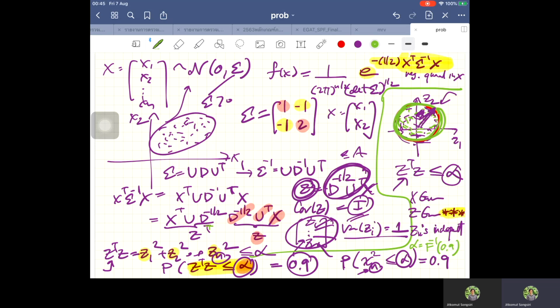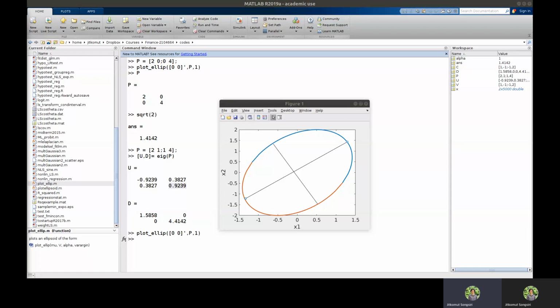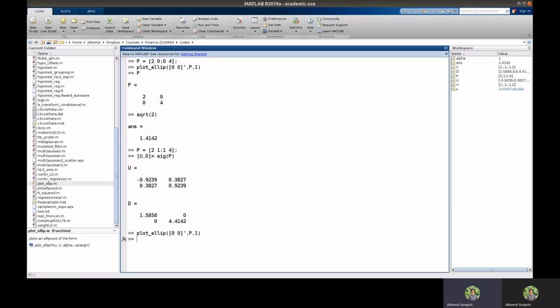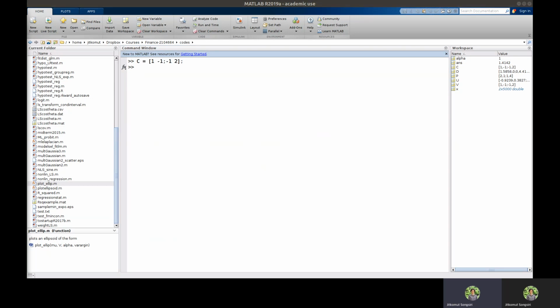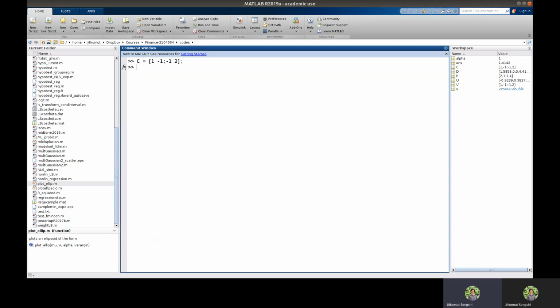Now let's illustrate this result. I'm going to go back to MATLAB again. I'm going to put in a covariance matrix C that's supposed to be the covariance of a Gaussian.